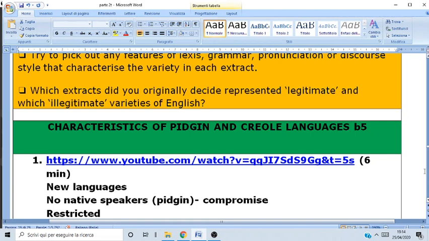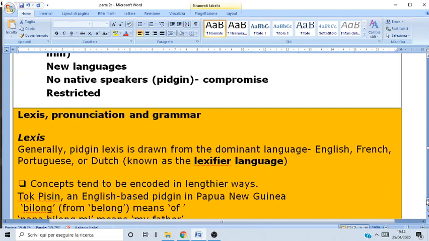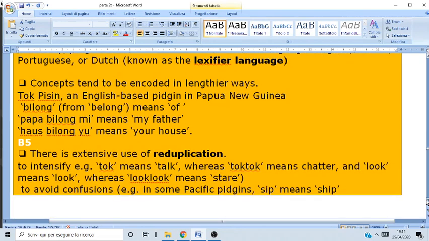And so we watched this brief introduction to Creoles and Pidgins, and we looked at lexis, pronunciation, and grammar. We said that generally speaking, these languages tend toward simplification for pronunciation, and that the opposite sometimes happens for their lexis.